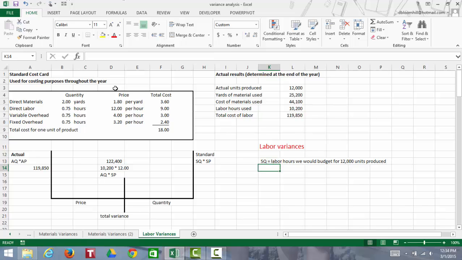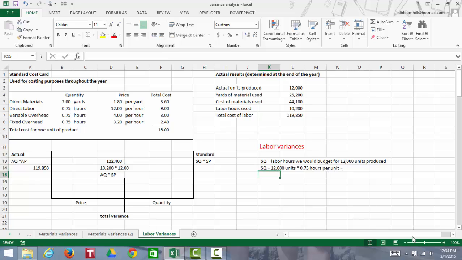We're going to notice on our standard cost card that our standard quantity of labor is 3/4 of an hour for 1 unit. So our standard quantity becomes 12,000 units multiplied by our standard of 0.75 hours per unit.